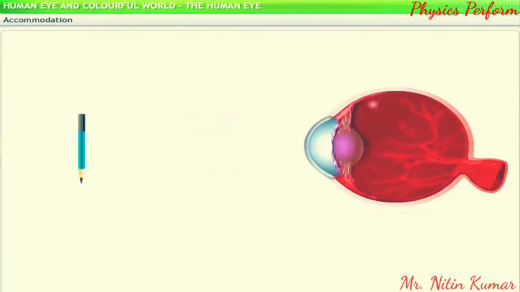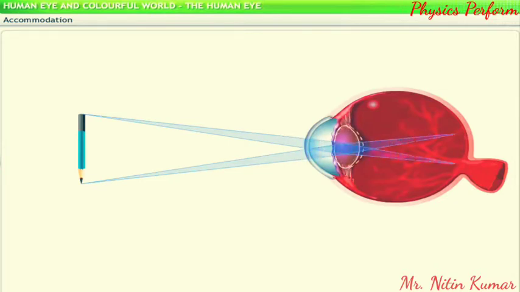And how do we do that? By altering its thickness, of course. For example, to focus on a distant object, the eye needs to increase the focal length of the lens. To do this, the thickness of the lens should be decreased.